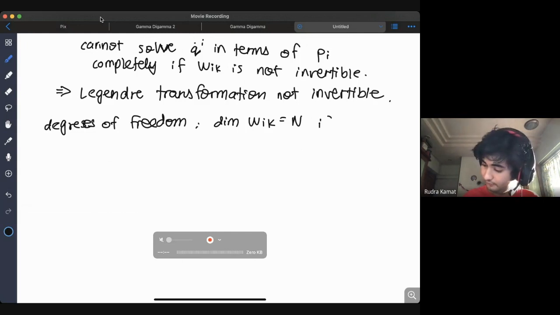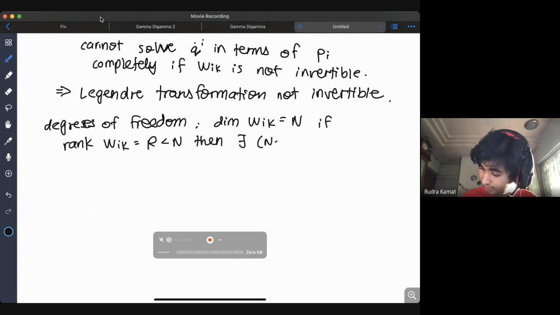If the rank of the Hessian is r and is less than n, then by basic linear algebra, there exist n minus r null eigenvectors that will span the kernel of the Hessian.